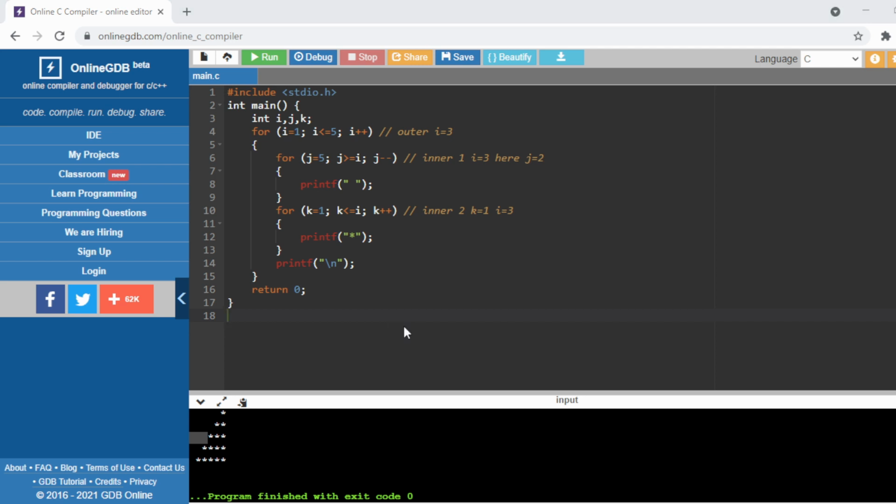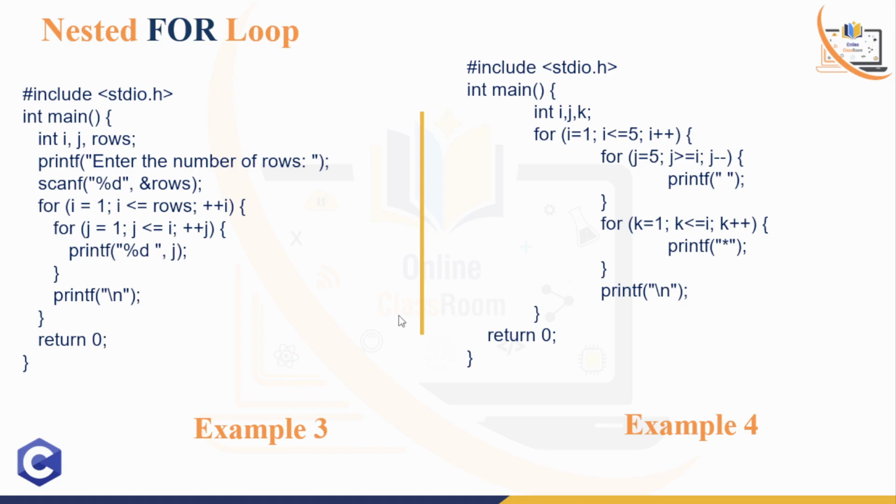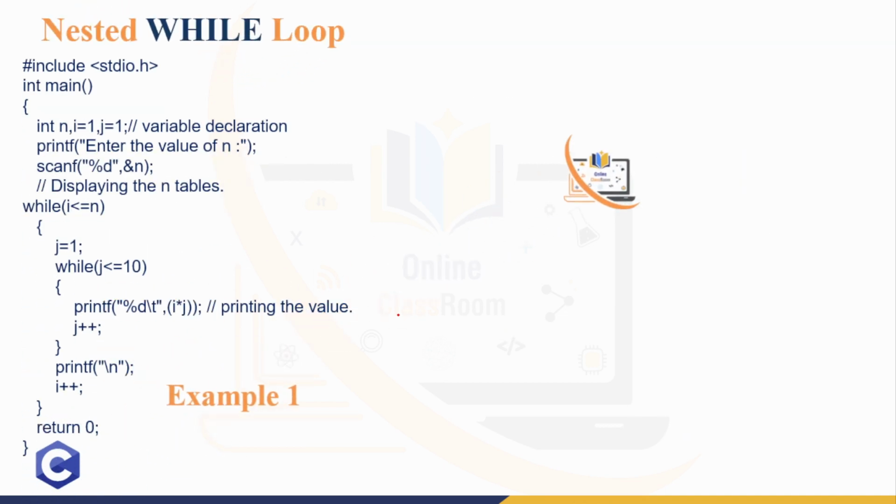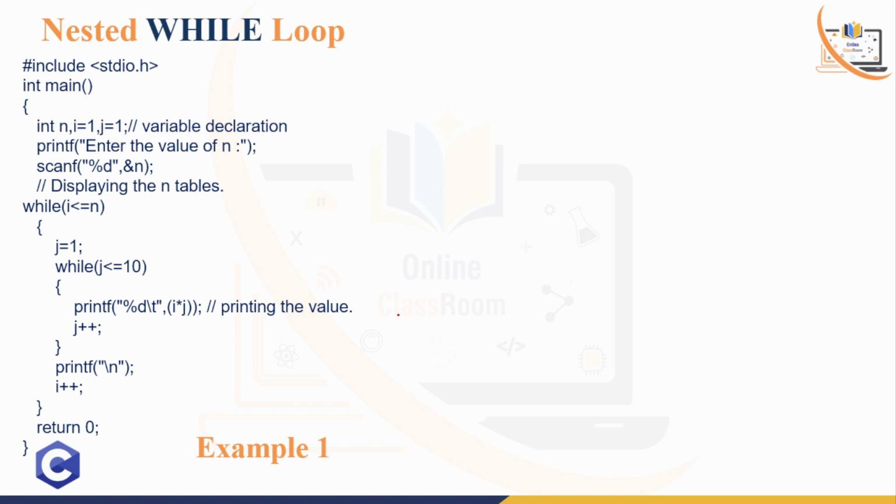So now again back to our slide. Now the second thing is that if we write the same code, what I just gave as an example, the first code of a nested for loop basically, if we write the same code in a nested while loop, then what happens?